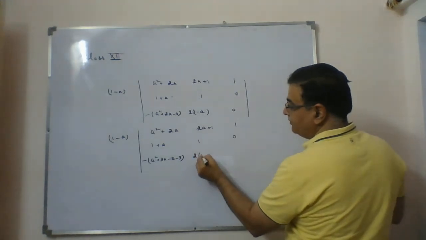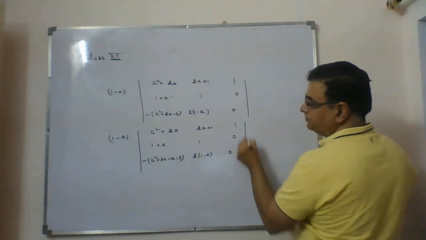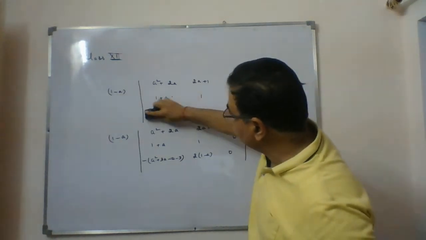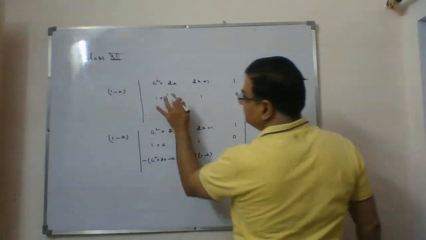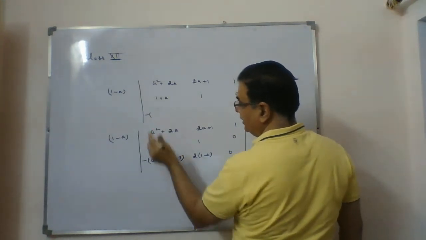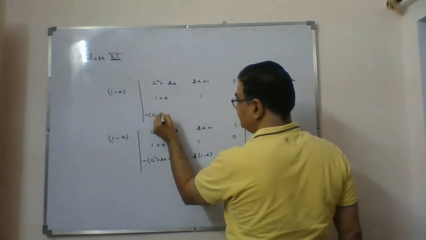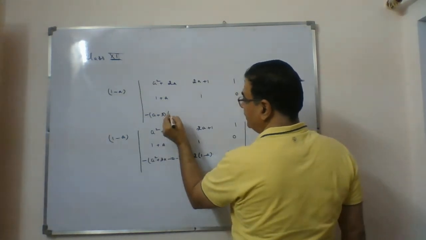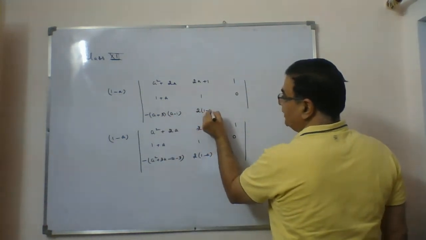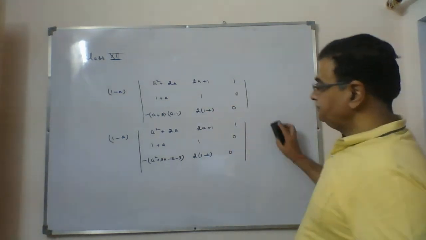And this is 2 times 1 minus a and 0. Now when you solve it further, what change will be here? This is going to change. Minus is here. What will be the factors here? a plus 3 into a minus 1, 2 times 1 minus a and 0.